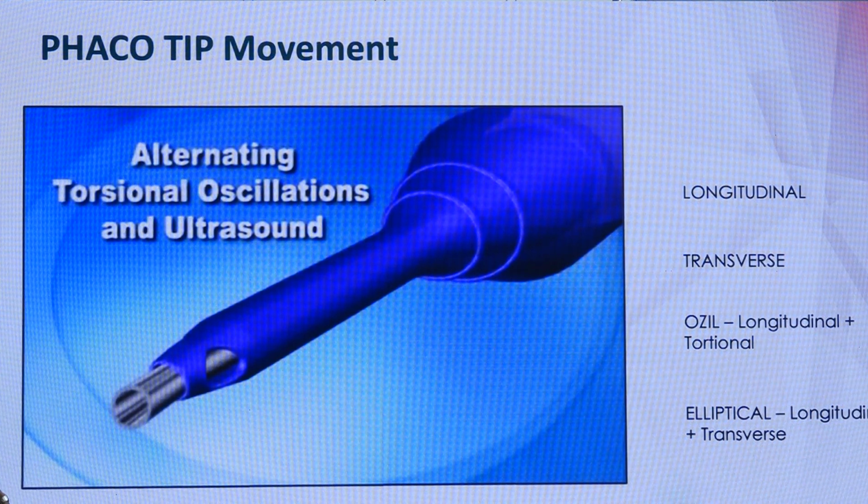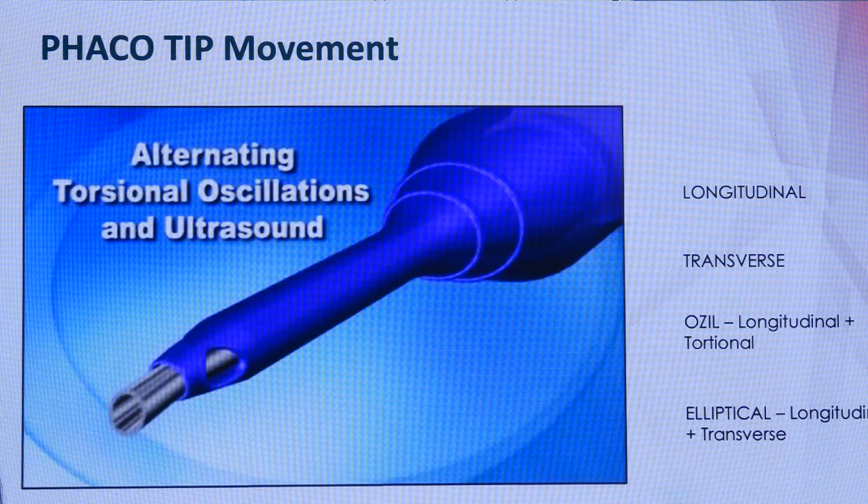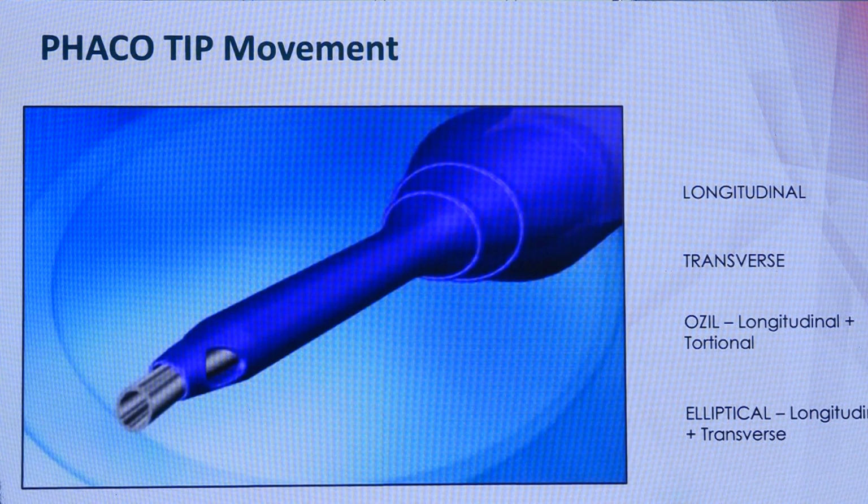So what is the advantage of these motions? Longitudinal is a back and forth motion, it's a jack and hammer. It will come and go back. So it pushes the nucleus piece, which repulses over. So the energy is continuously liberated in going forward as well as backward. So there is a waste of energy when the movement is backwards.